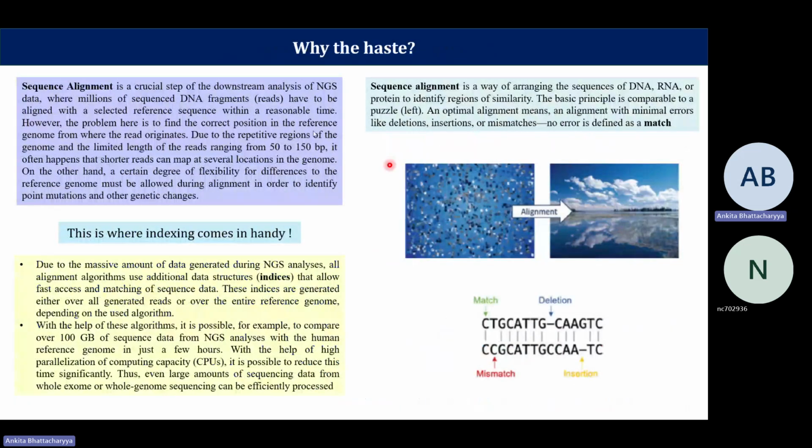So why are we so bothered about this process of indexing? And what is the problem with sequence alignment that we're talking about in so much detail? First of all, understand that this step is very crucial. Till now, whatever you have done is simply cleaning up your data and making it ready for analysis.